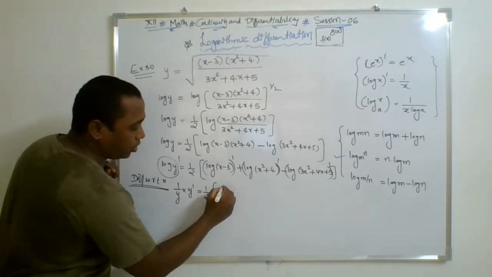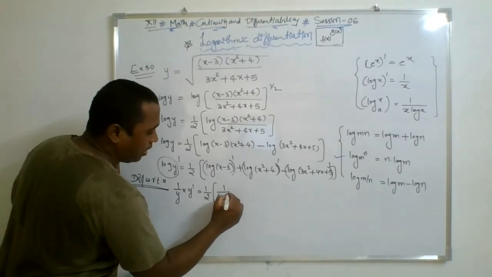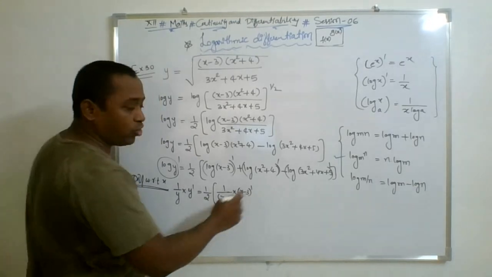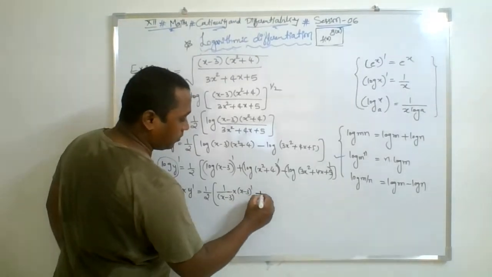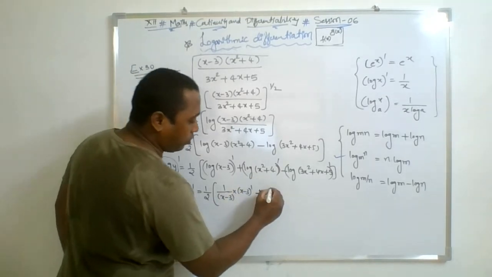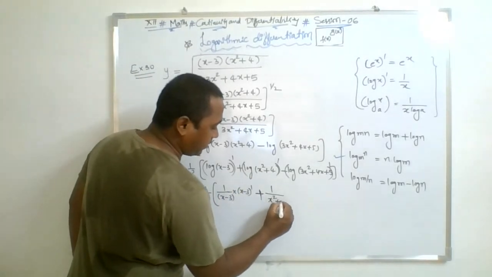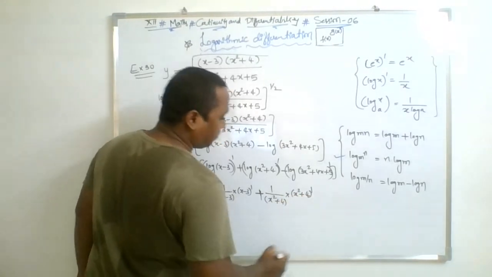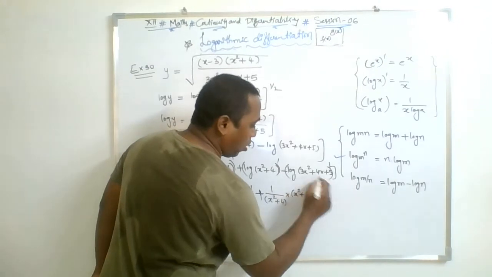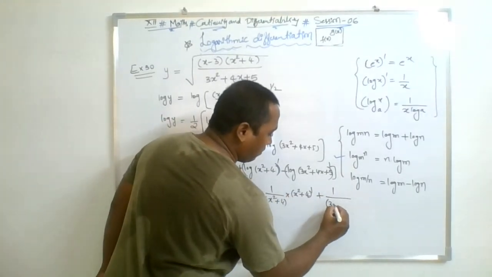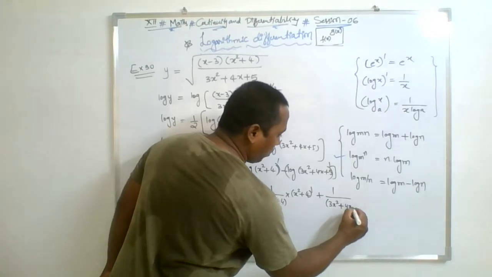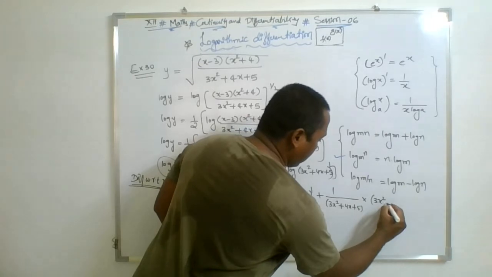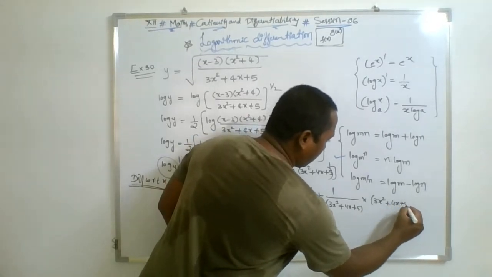So log x differentiation is 1 by x into the derivative of x minus 3. That is the chain rule. Plus again the form of log x, so the derivative of log x is 1 by x into the derivative of this function, plus again log x, so again 1 by x into the derivative of 3x square plus 4x plus 5.